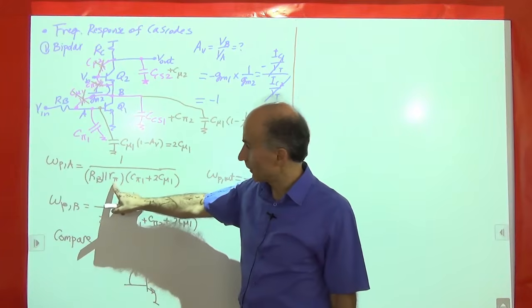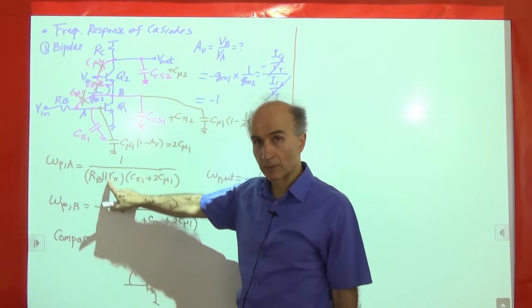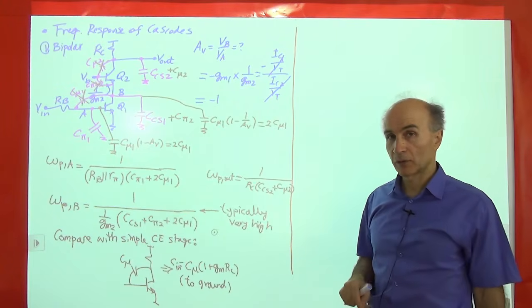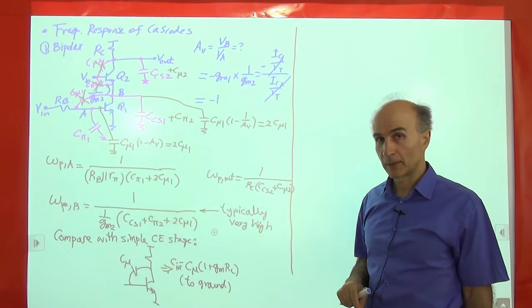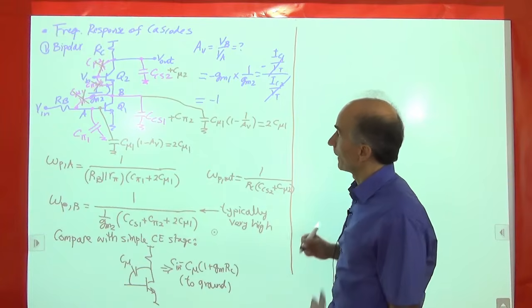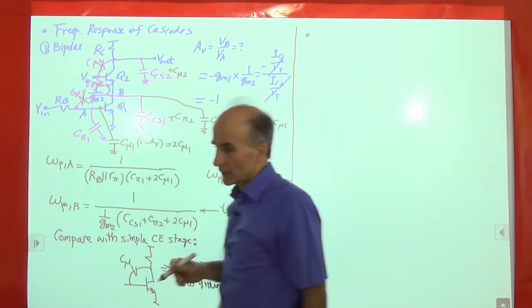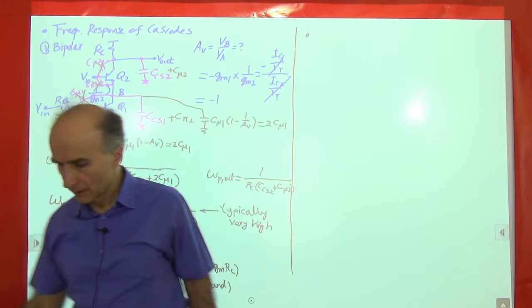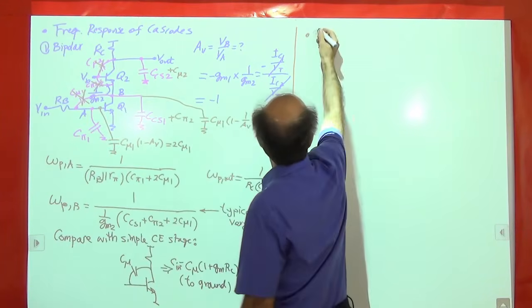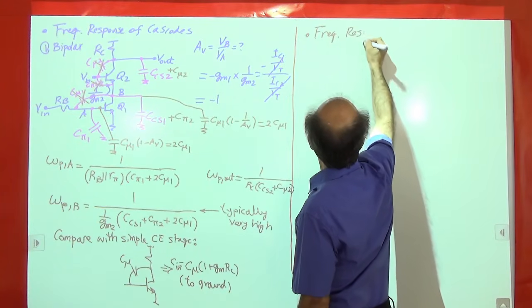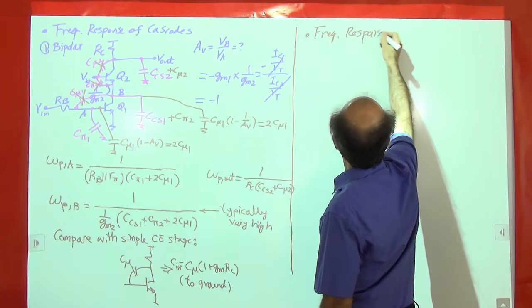Of course, we don't have R pi for a MOSFET, so that goes to infinity. But everything else remains, so it's very similar to what we have derived. All right? Okay, so let's go to the frequency response of the differential pair. This is pretty easy based on what we have learned about differential pairs before.